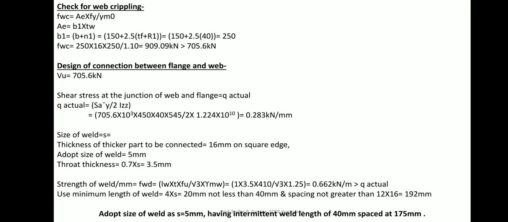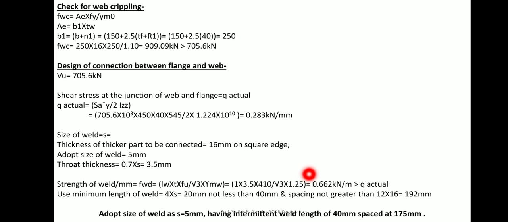Now just calculate the strength of welding per mm. If 1 mm length of welding is provided, what will be the strength? Strength of welding is calculated as length of welding into throat thickness into Fu divided by root 3 into gamma mw. Gamma mw for shop fabrication is 1.25. Putting the values: length of welding 1 mm, throat thickness 3.5, ultimate strength 410 by root 3, and gamma mw 1.25.